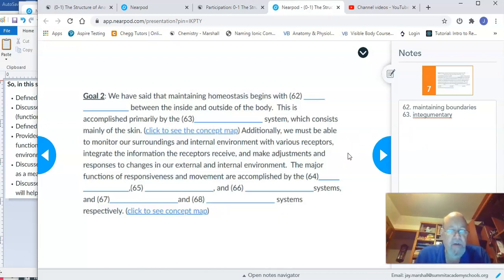Additionally, we must be able to monitor our surroundings and internal environment with various receptors, integrate the information the receptors receive, and make adjustments and responses to changes in our internal and external environment.